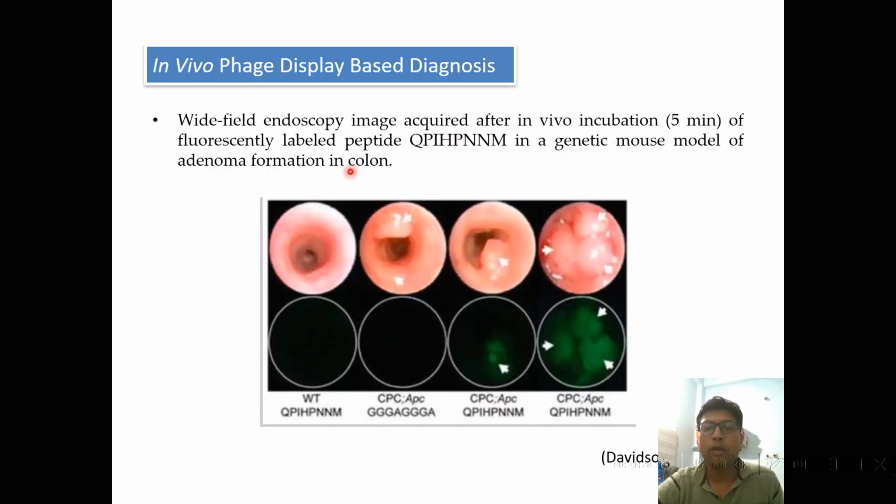There is another example of in vivo diagnosis, which is very important. Diagnosis of adenoma in the colon was done with the help of fluorescence-based phage display peptide. They were bound to the adenoma of the colon, leading to diagnosis where possible.